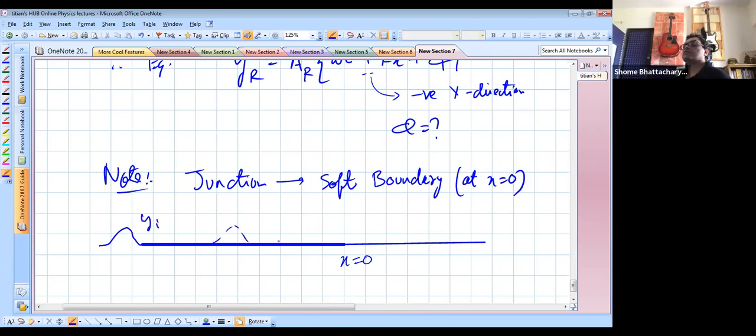So it should come here. Okay, and then the reflected pulse should be in the same phase as the incoming one.